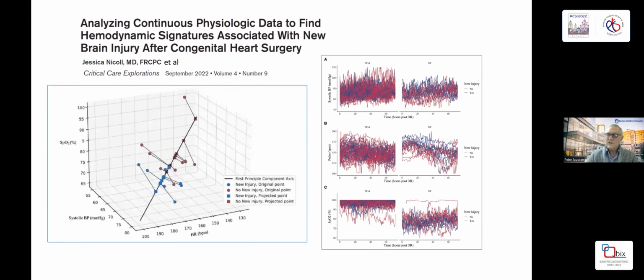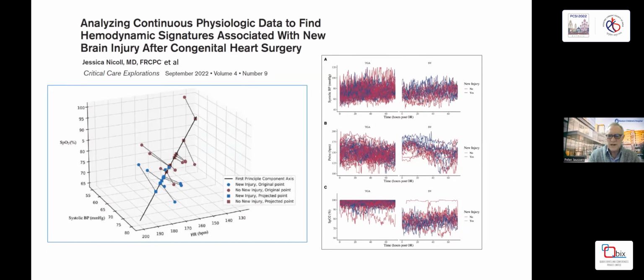But if you take principal component analysis, for instance, then we found that patients who had a higher blood pressure, a faster heart rate, and a lower oxygen saturation, that group, these blue dots, were the patients that had new MRI injury. And so now we're seeing composite component analysis scores starting to give us a better and better prediction as to those patients at risk, and now targets for treatment.